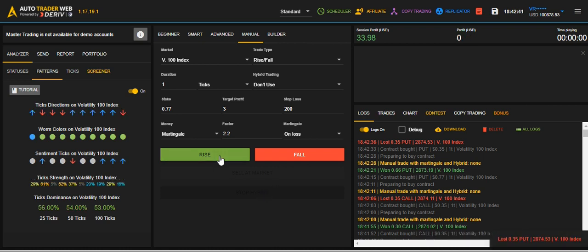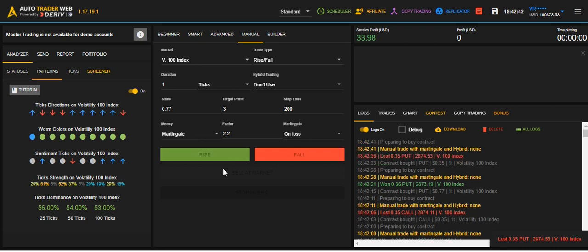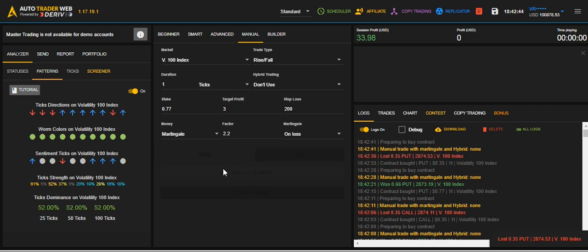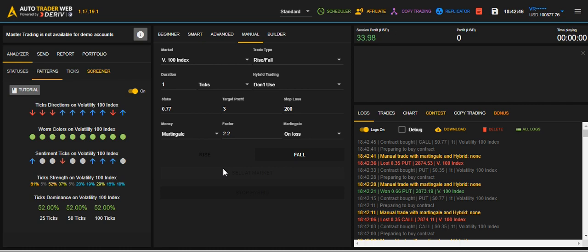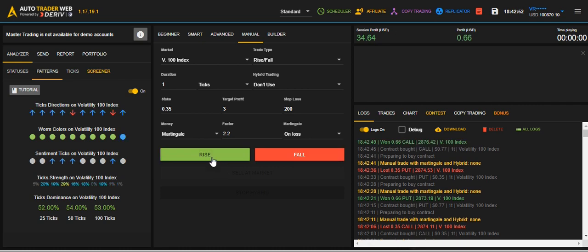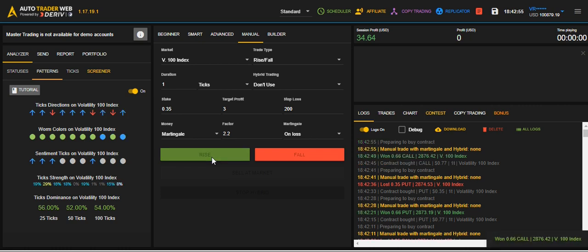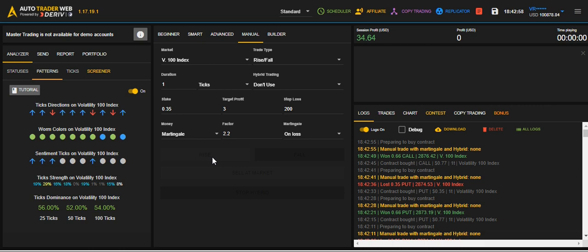It's become buy now. You have to put it. The perfect entry is very important.